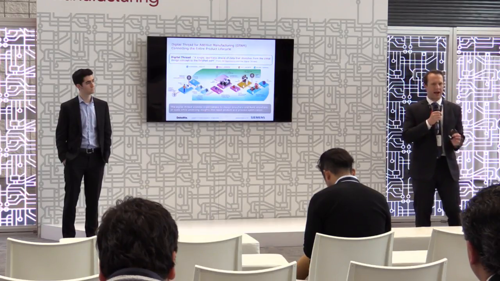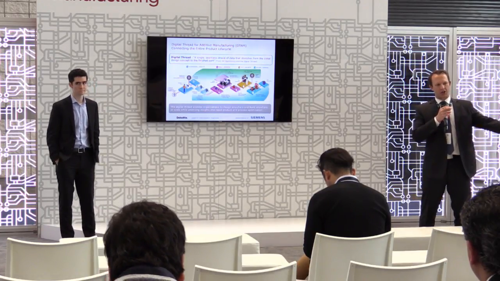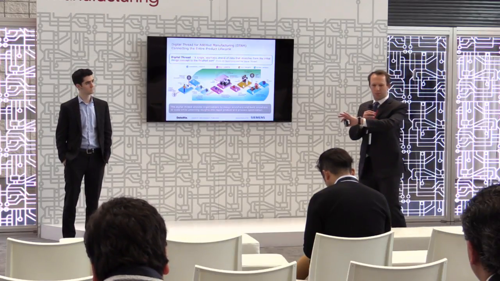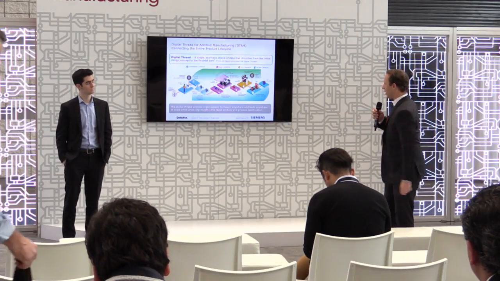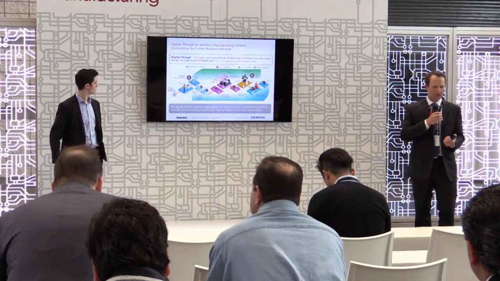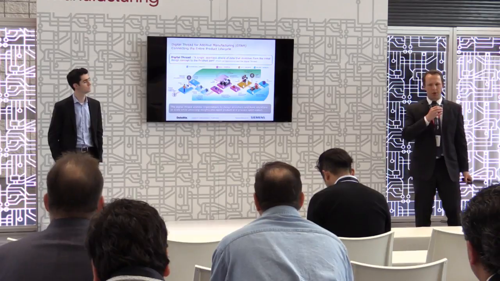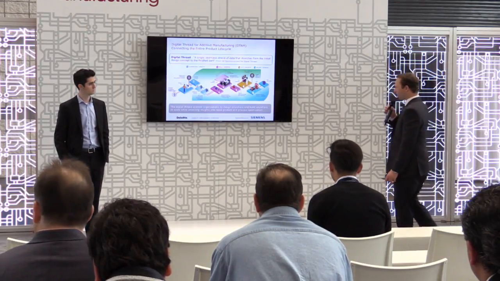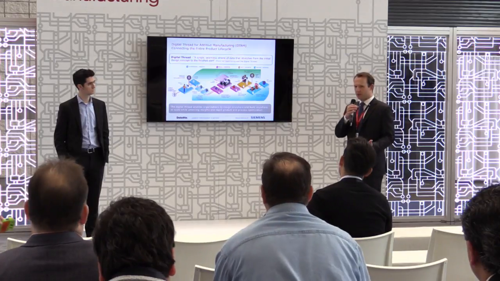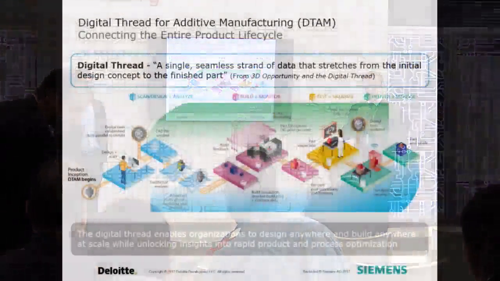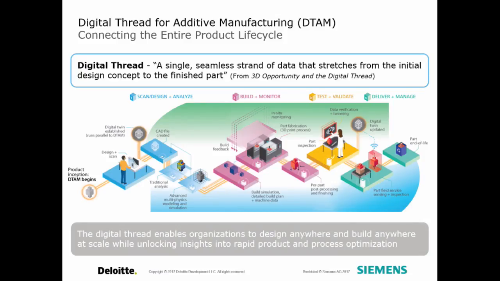seamless end-to-end data link from part ideation all the way through production to part performance in the field, and then from there, allow organizations to scale up their additive manufacturing capabilities and deploy this type of system globally. So we've organized our digital thread into 4 phases, the first of which is scan, design, analyze, which is where the part is actually ideated or scanned from an existing part.